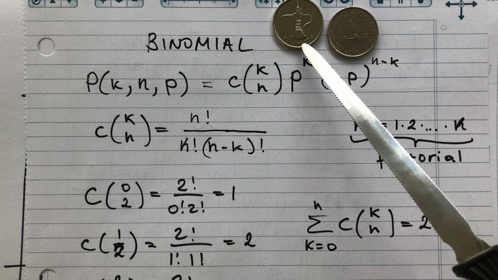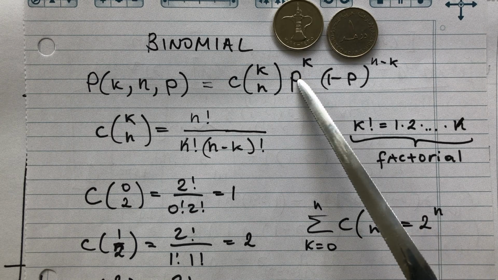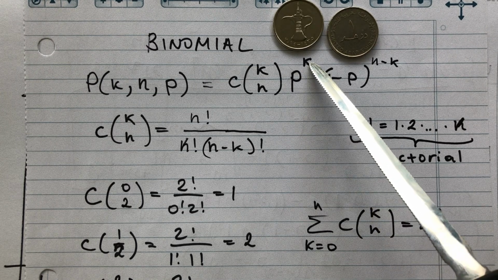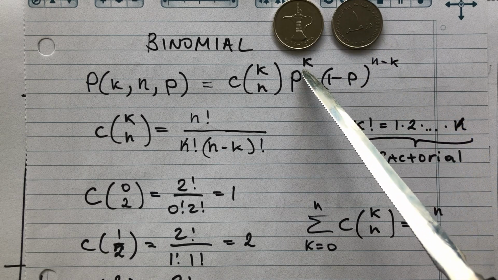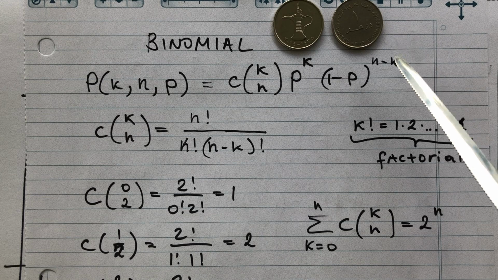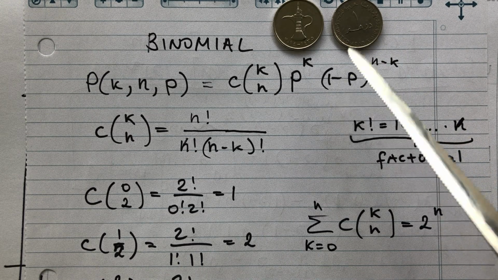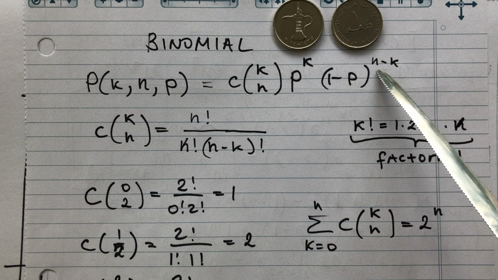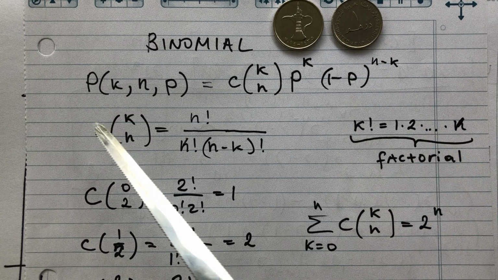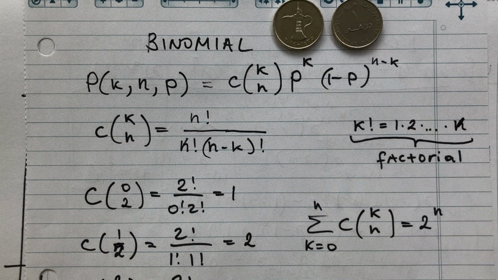If you get k heads, then you take probability p to the power k. In n trials, if you got k heads, which means you get n minus k tails, so you take probability 1 minus p, which corresponds to tails, to the power n minus k. That is the probability of this combination of k heads and n minus k tails.